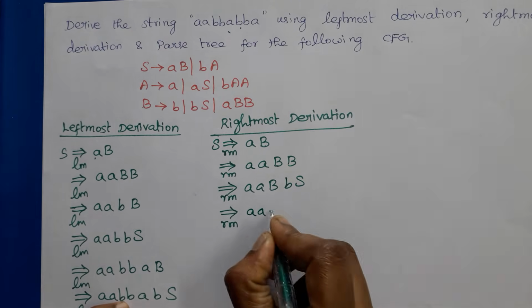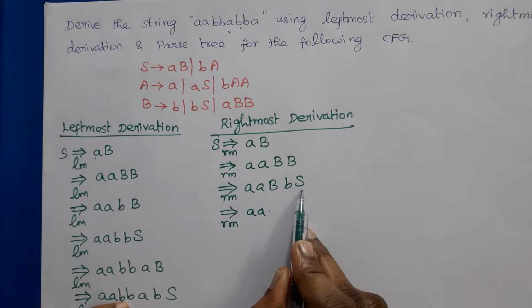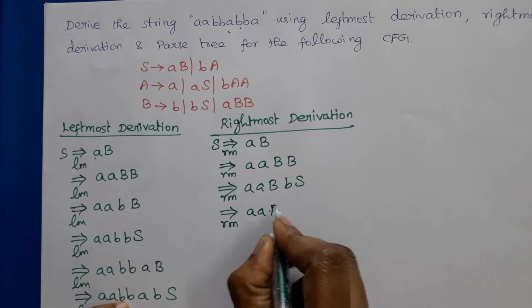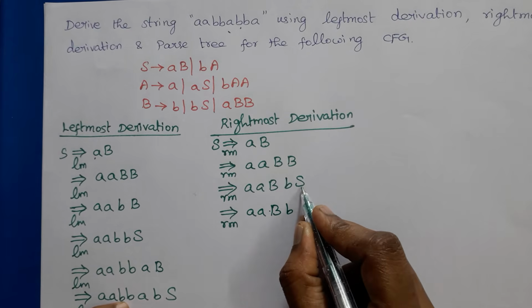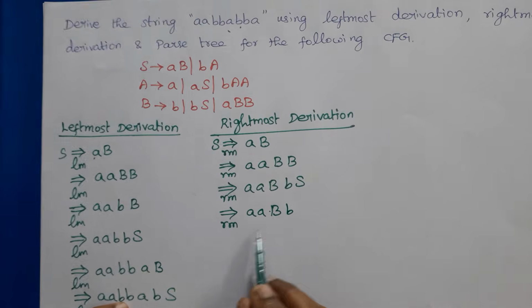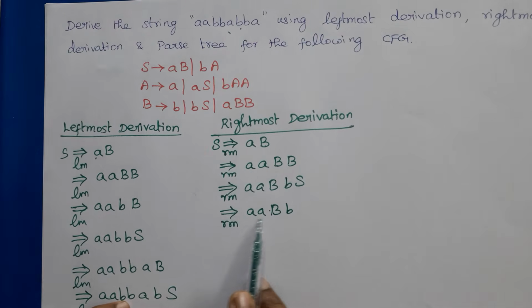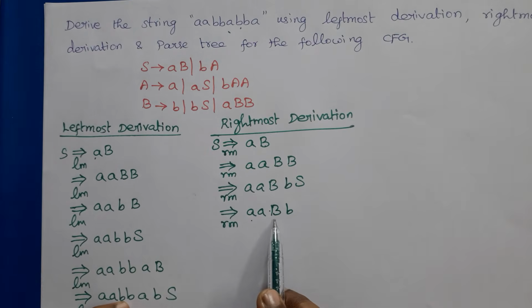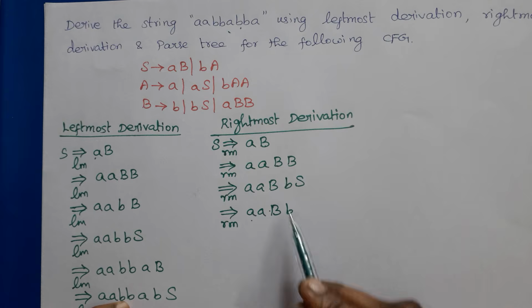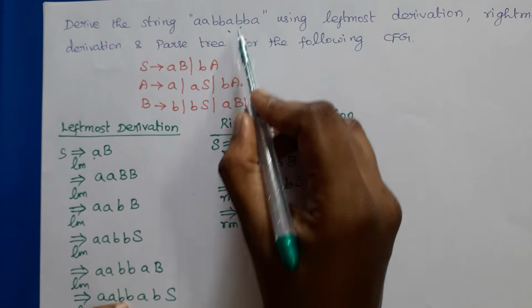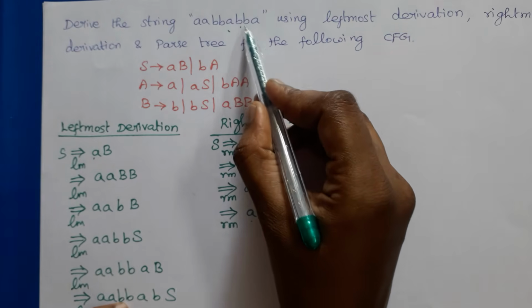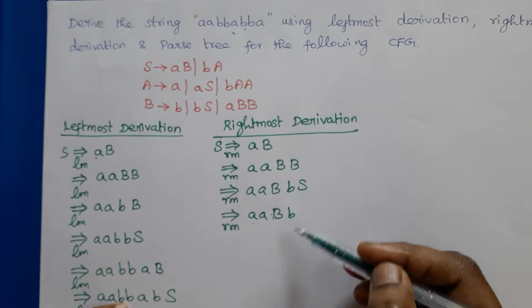So AAB, in the step the rightmost symbol is S. So S must be replaced by any one of the production bodies. Here see, we have got AA and one non-terminal symbol is there. Again we have got one B. So we need to try to retrieve another BA here.